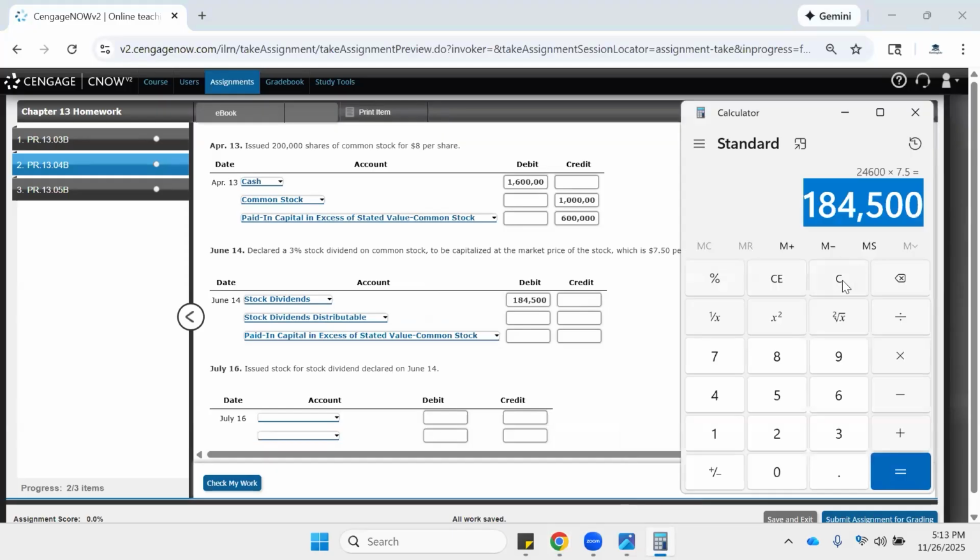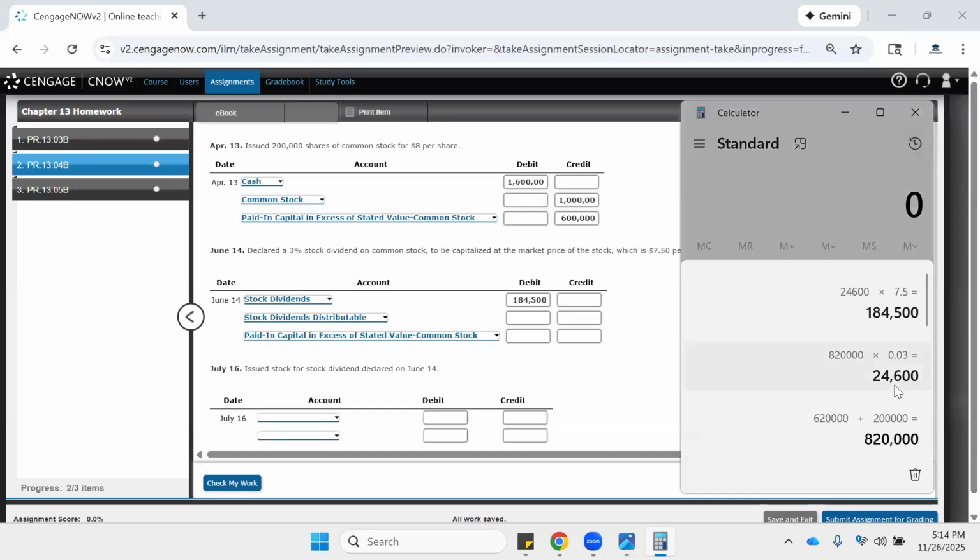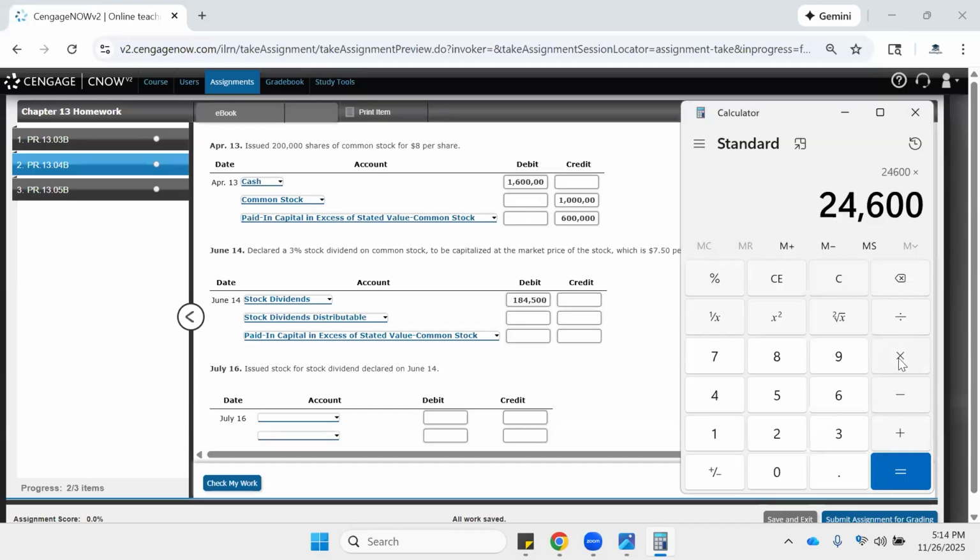Then we have to credit stock dividends distributable and paid in capital in excess of the stated value of the common stock. Our stock dividends distributable isn't common stock yet. It'll turn into common stock in the next journal entry when it's issued. We take the amount of shares issued multiplied by the $5 stated value, and we get the stated value.